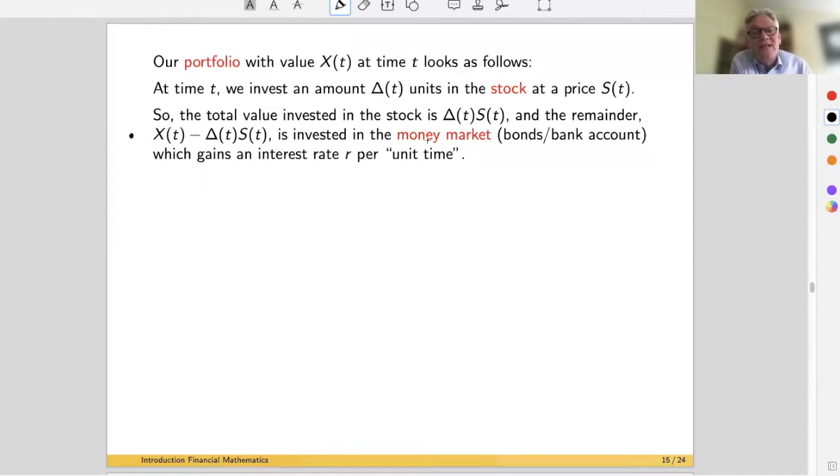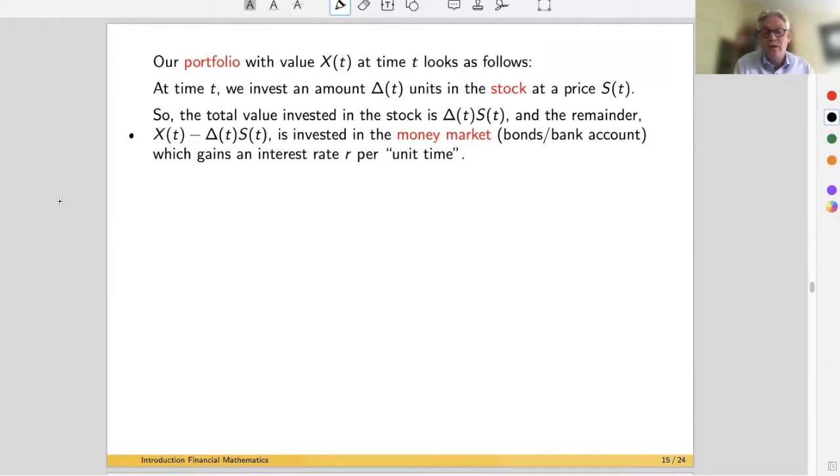So that is invested in these bonds or in the bank account. That is the part which gains a constant interest rate r per unit time, small r. So our portfolio is composed of two parts, delta t St, and the remaining part Xt minus delta t St.